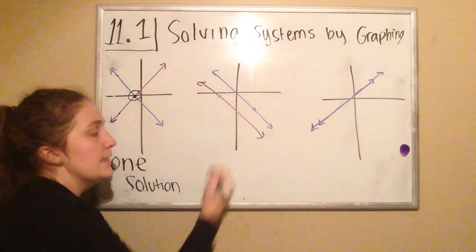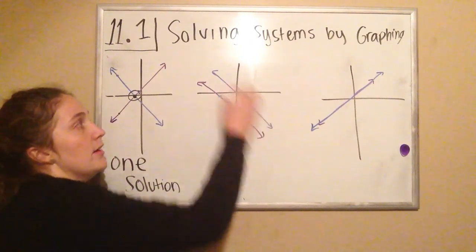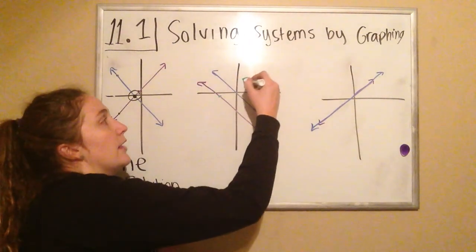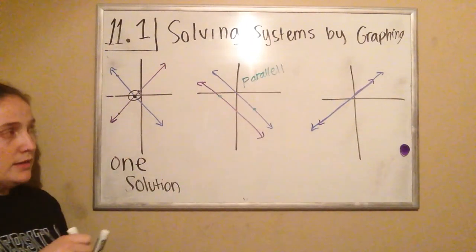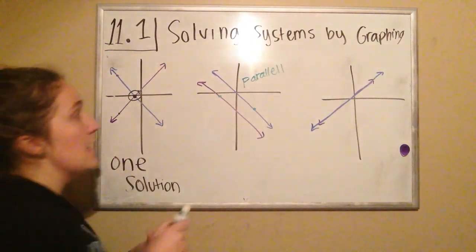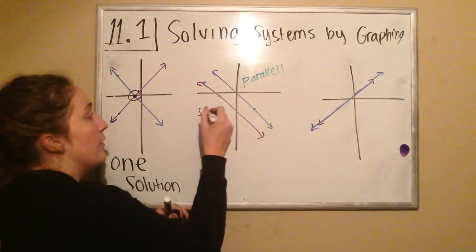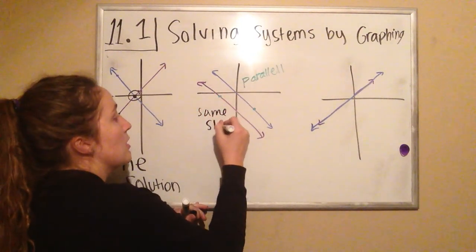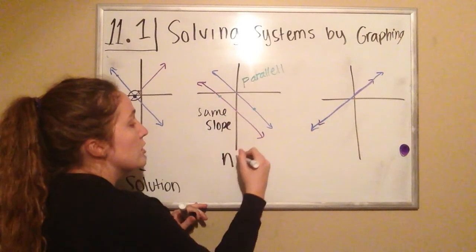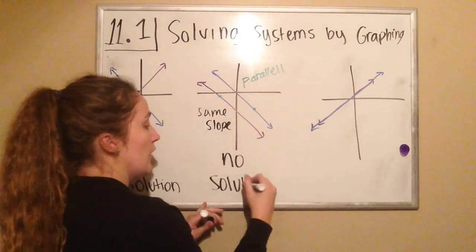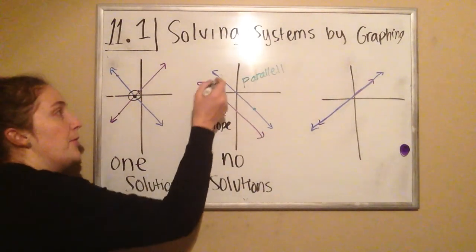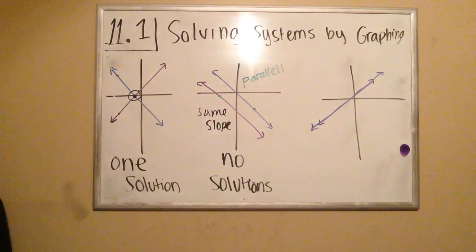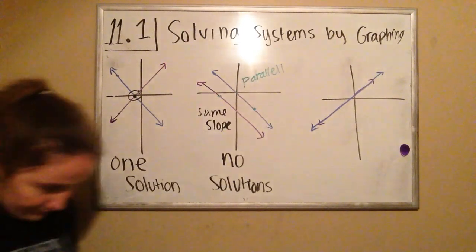This one, since they are parallel, remember they are going in the same direction, that means that they have the same slope, right? The same slope, and they have no solutions. They never cross each other. There's no point that we could pick that's true for the purple and the blue. There is no such point. So no solutions.